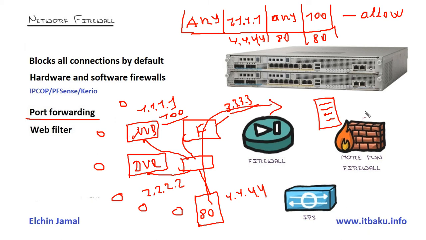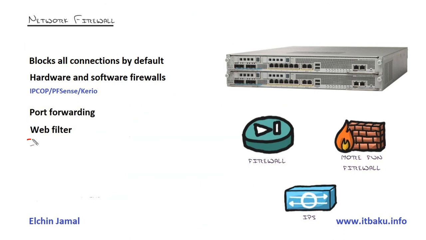So we can do a lot of things with our firewalls. Also, we can do web filtering, the main feature here. For instance, we can block some specific websites so users will not be able to reach them, or block specific websites for specific people, or manage bandwidth, I mean the speed of the internet.